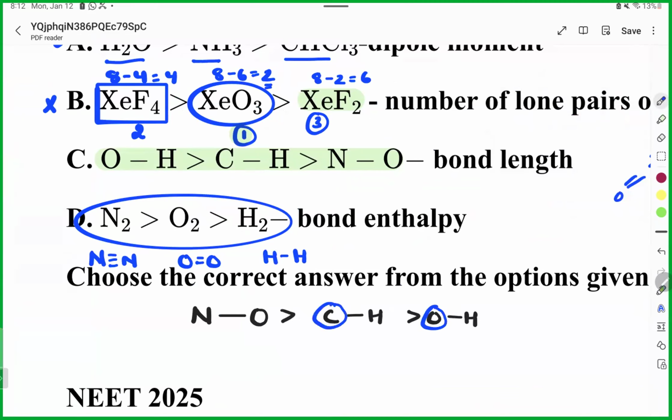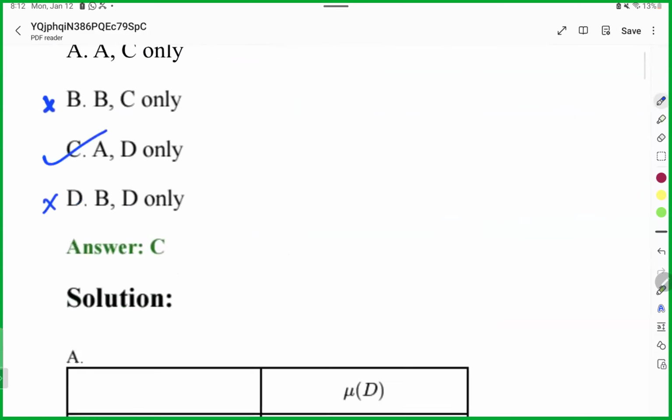Here electronegativity is less. Everything else is same. It means here the difference will be high. More high electronegativity difference, they will attract each other. Bond length decreases. Here it will be slightly more. Understood? And by the way, all these things are given in NCERT in the ditto PDF form.